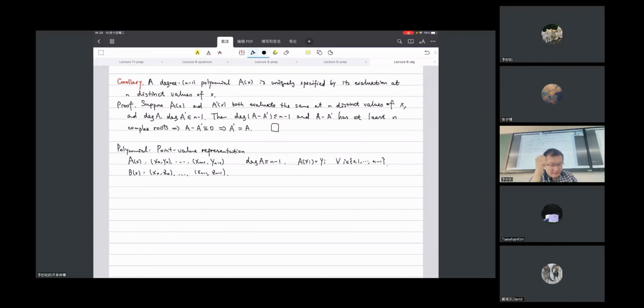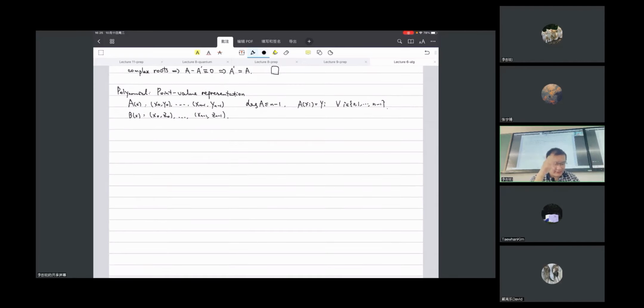Okay, so for this kind of point value representation, first consider addition. For addition here, the cost is O of n arithmetic operations.